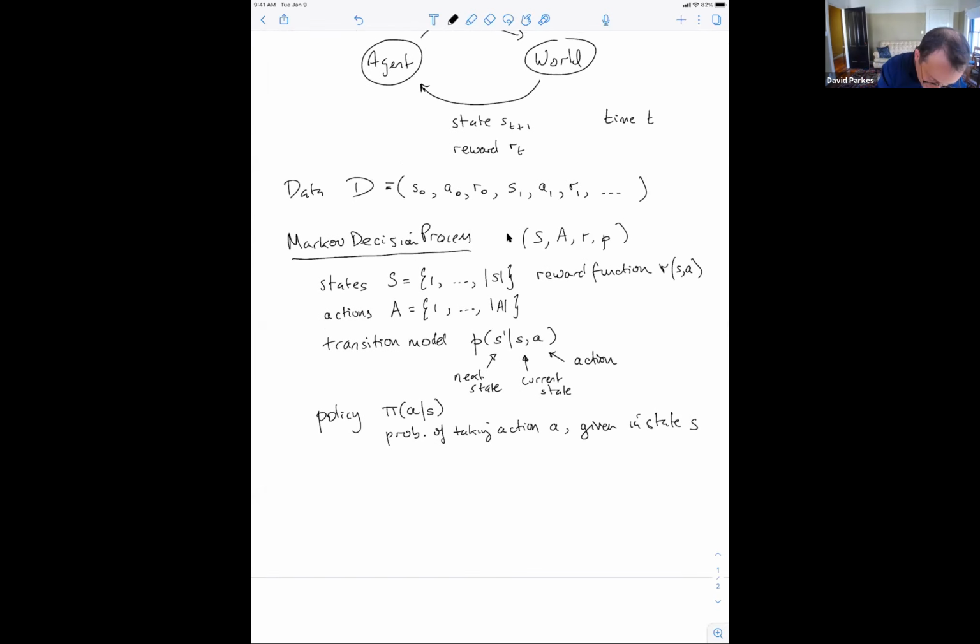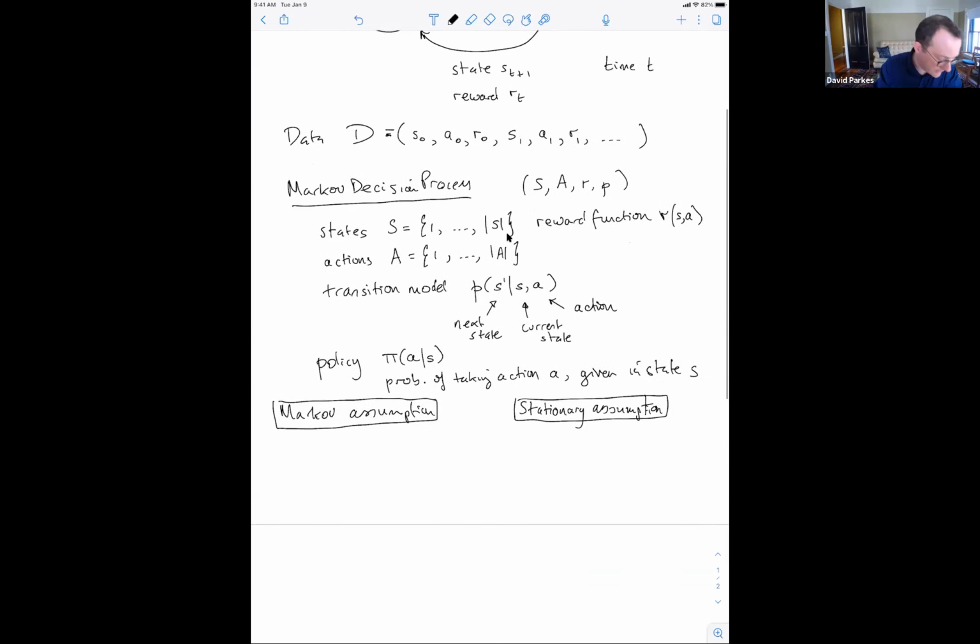I want to write down explicitly the Markov assumption. We've actually already made two assumptions by writing down the model this way. One is the Markov assumption, and one is a stationarity assumption. I think it's useful just to write these down.